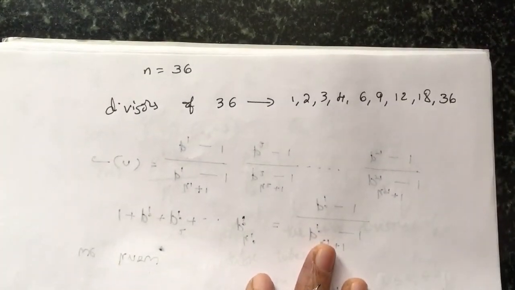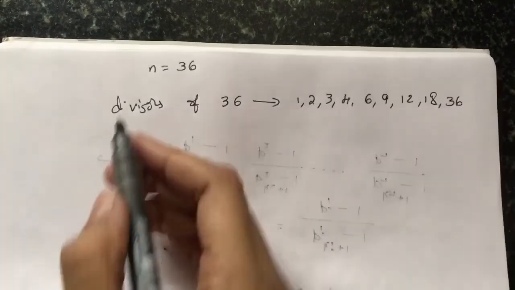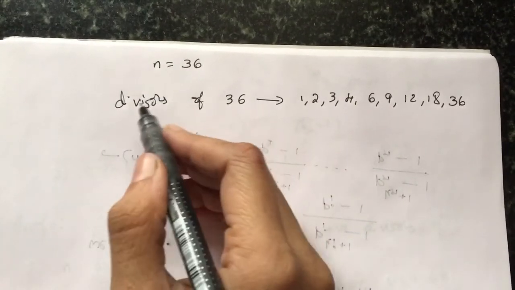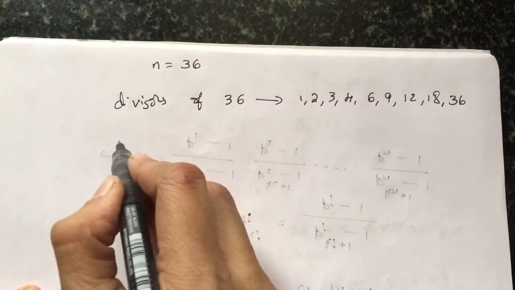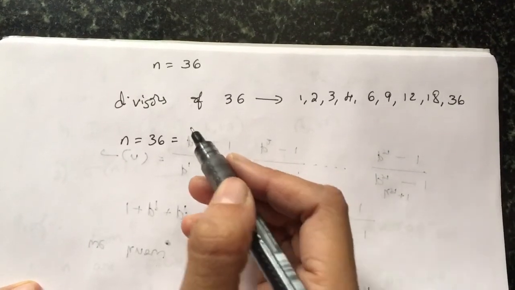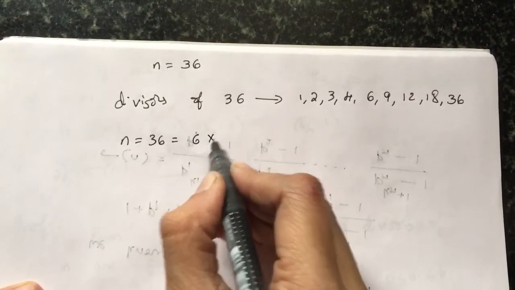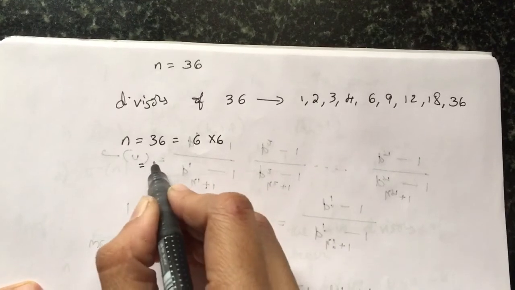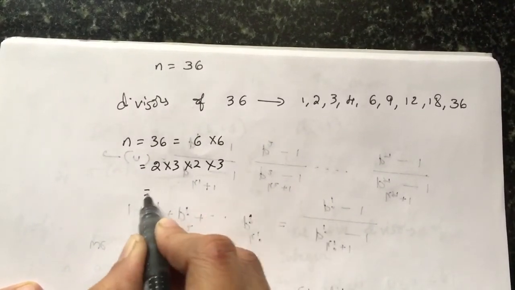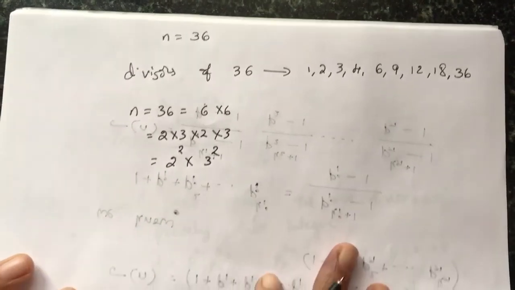So I can write tau of n, you can directly count and write, but I'm just using the formula. I'm rewriting this n as a product of primes. This can be written as 6 into 6 is 36, so the prime factorization is 2 into 3 into 2 into 3, that is 2 power 2 into 3 power 2.